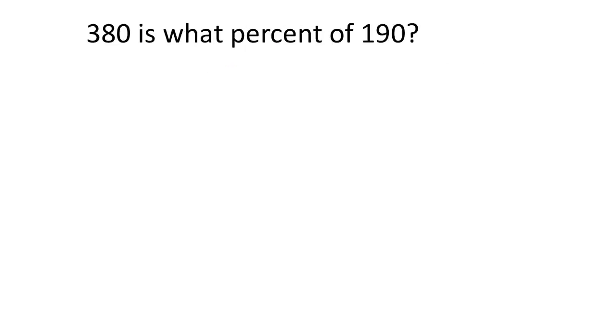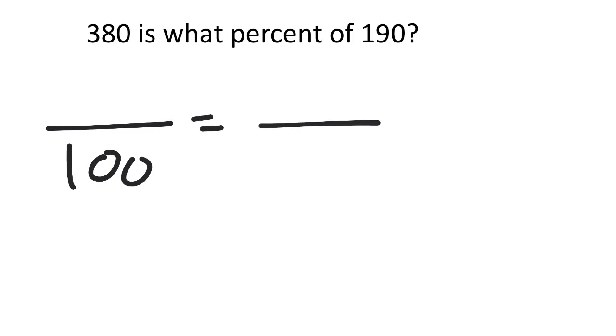Okay. So 380 is what percent of 190? Well, again, I'm going to continue using the percent proportion. If you want to use the equation, it still works. Now on this one, I noticed that it didn't give me the percent, right? What percent means that I don't know the percent, and the percent is always over 100. Now, the two key words we need are is and of.